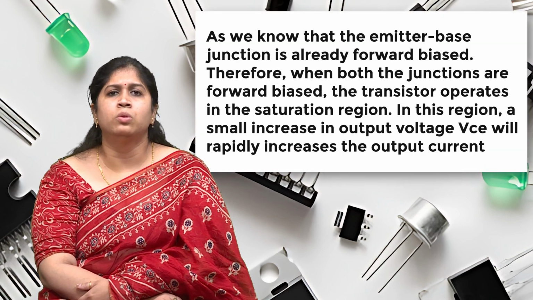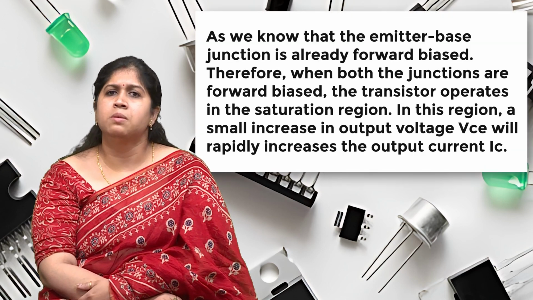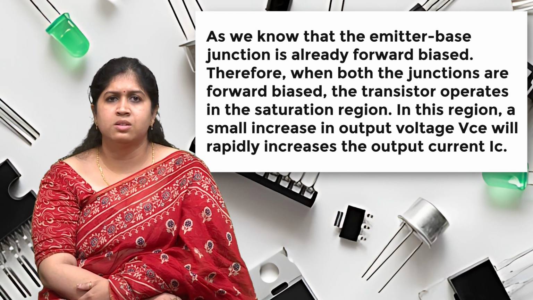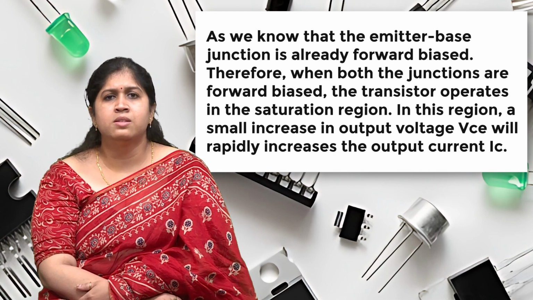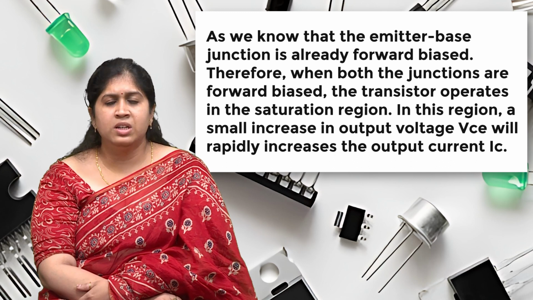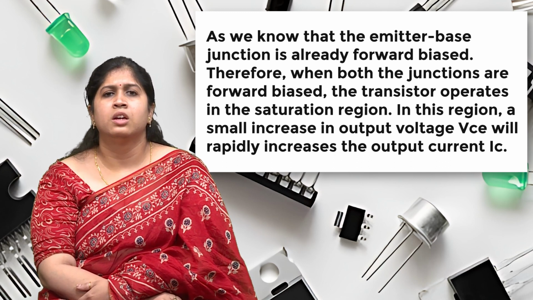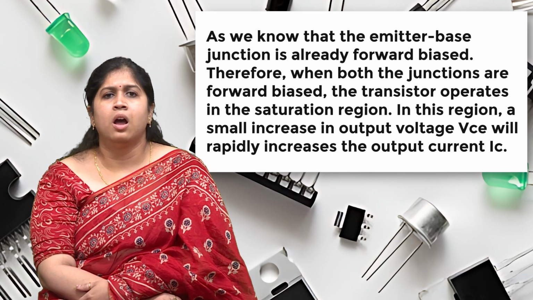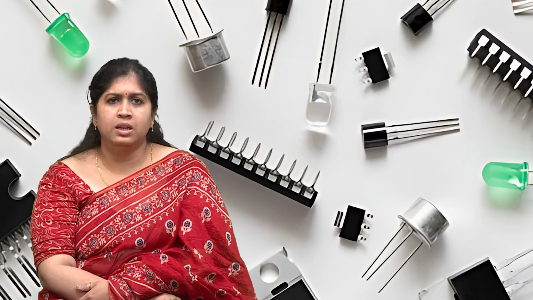As we know, the emitter base junction is already forward biased, therefore when both junctions are forward biased, the transistor operates in the saturation region. In this region, a small increase in output voltage VCE will rapidly increase the output current IC.